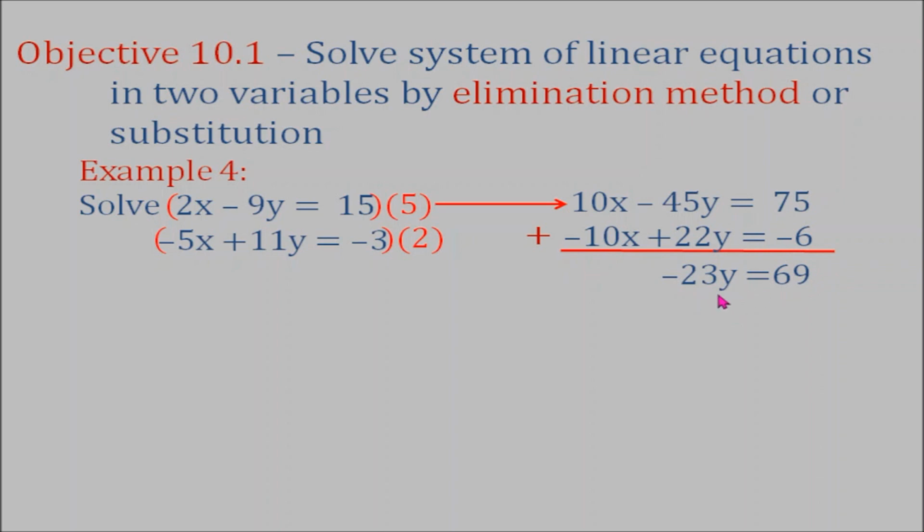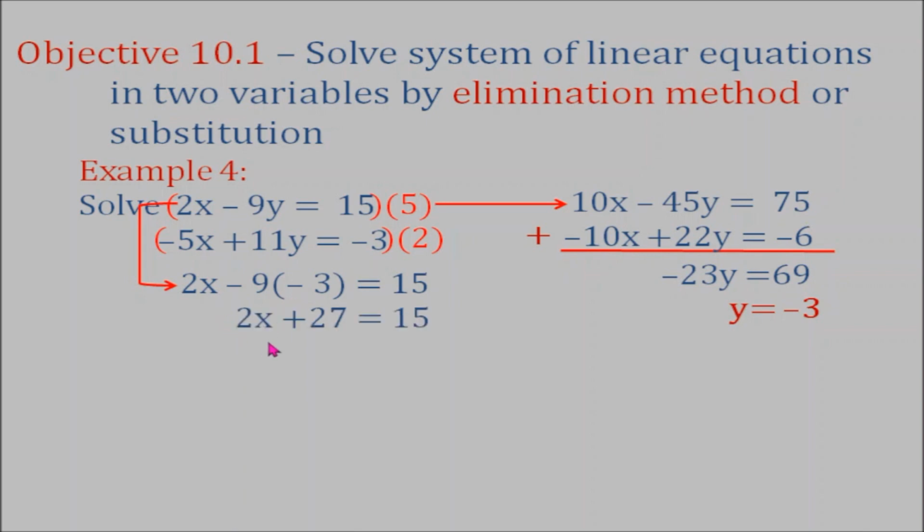Now dividing both sides by negative 23, y equals negative 3. Now to find x, we can use either equation, substituting negative 3 into y. So using the first equation, we have 2x minus 9 times negative 3 equals 15. So negative 9 times negative 3, that's positive 27.